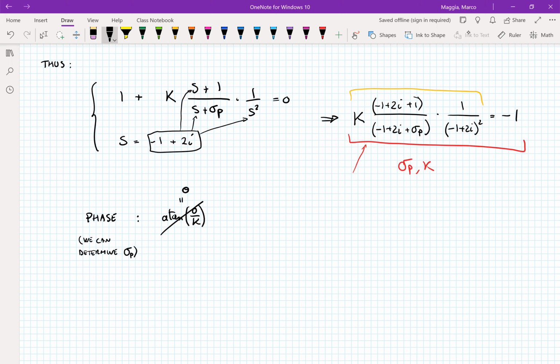At the numerator, we have minus 1 plus 1, they cancel out, so we simply have 2i. So plus arctangent of imaginary part, which is 2, over real part, which is 0. So arctangent of infinity, since both signs are positive, this is 90 degrees.